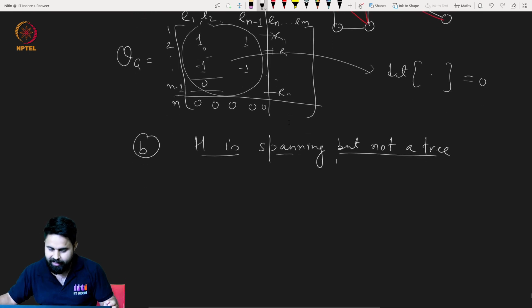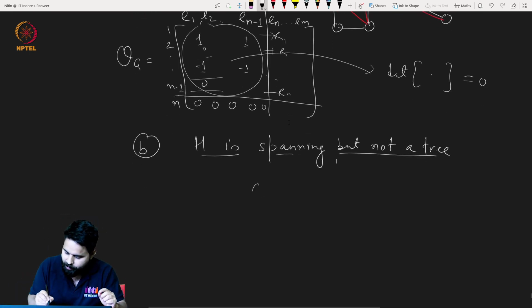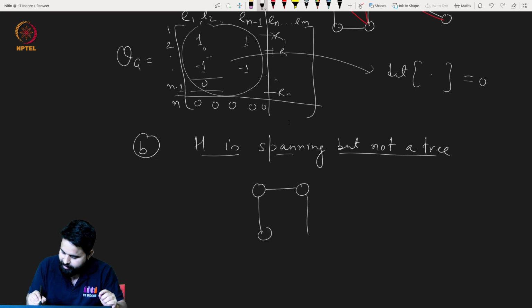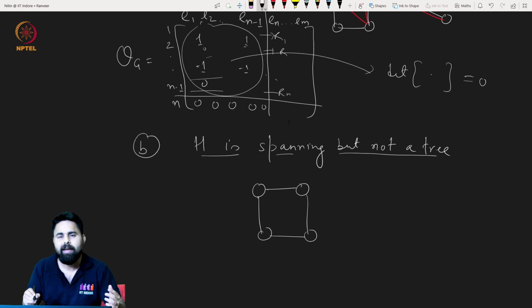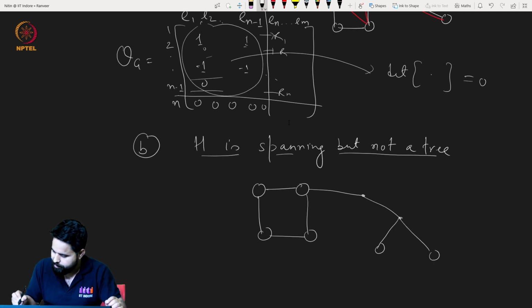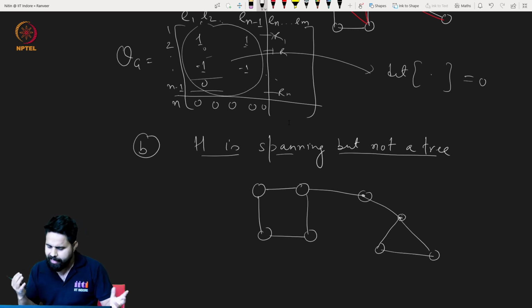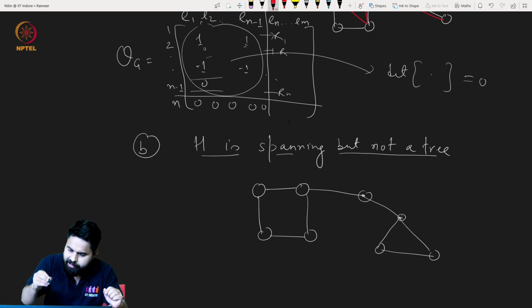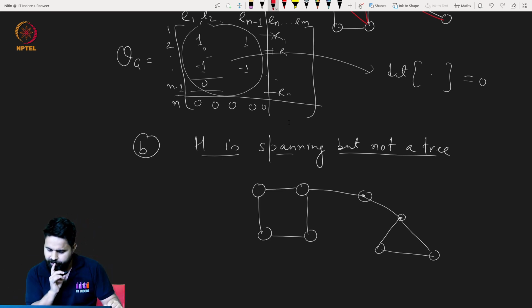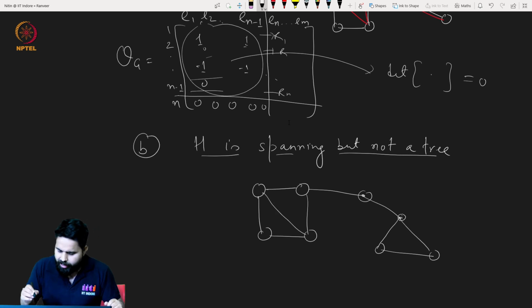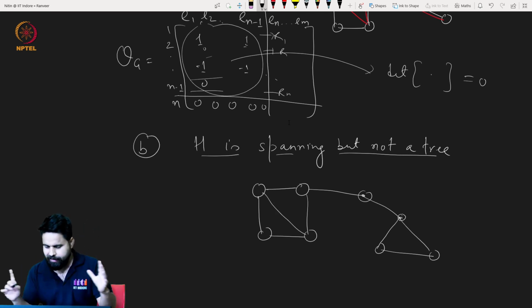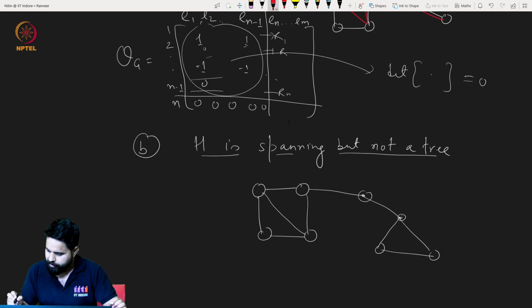Let us again draw a graph. Maybe I can augment it more. These are vertices, and then maybe this. Now, how many vertices are there? There are 8 vertices, so I have to choose n minus 1 edges. Let me choose them such that all these edges are covering all these vertices. Let me start with this.